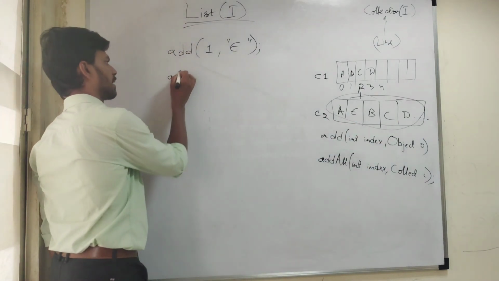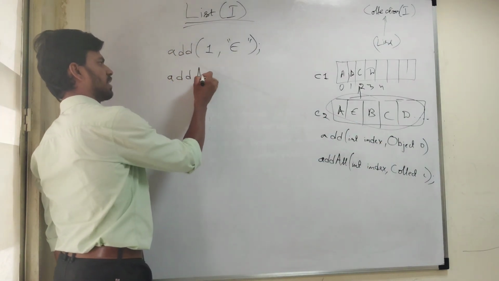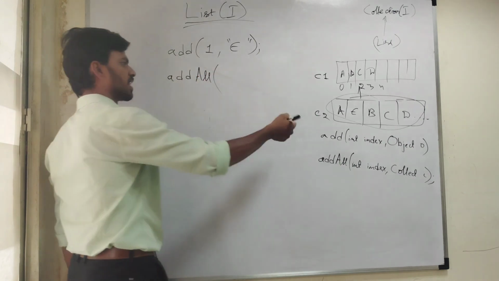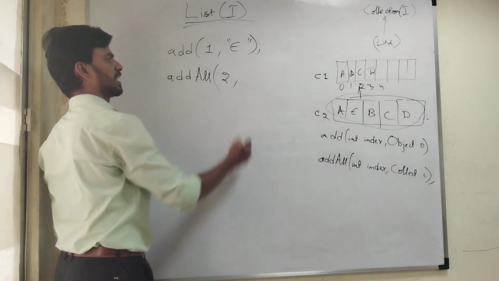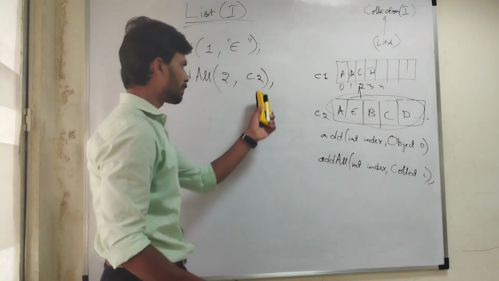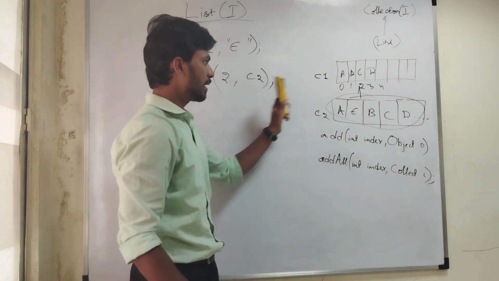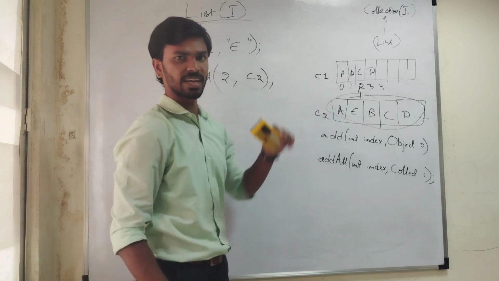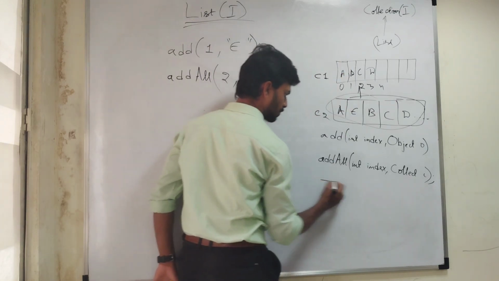So here I am passing all the objects after index number 1, at index number 2 I am passing C2. When I pass the collection object at a particular index, immediately what happens, you observe.